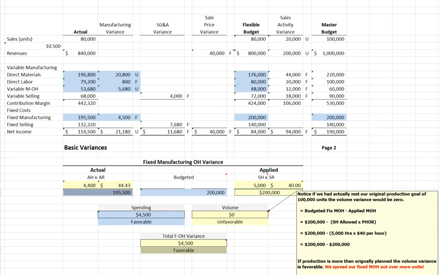But again, we only produced 80,000 units, so under our standard system, we applied 160,000 in overhead. We had a $40,000 volume variance, a 4,500 favorable spending variance, for a net total fixed manufacturing overhead variance of 35,500, and it is unfavorable.